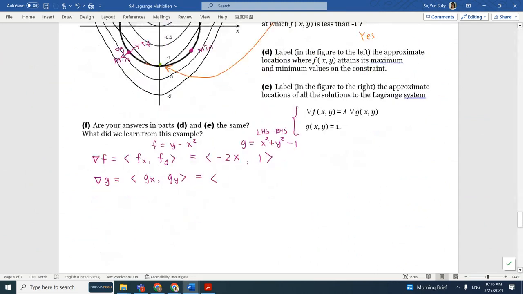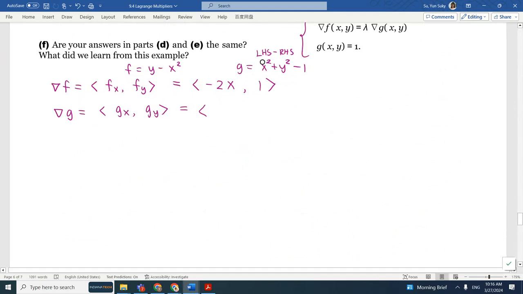And so now what is the derivative with respect to x? 2x. And then the y squared minus 1 derivative with respect to x is 0. Yes. So we have 2x. How about the derivative with respect to y? 2y. Okay, so this is the gradient vector.